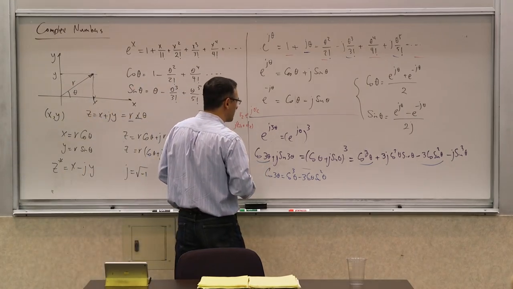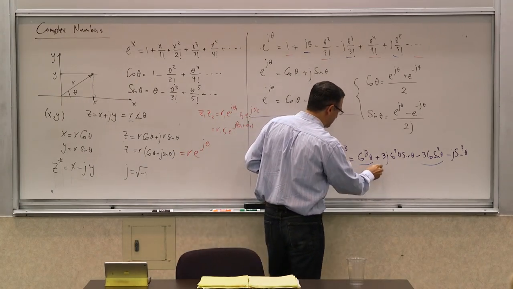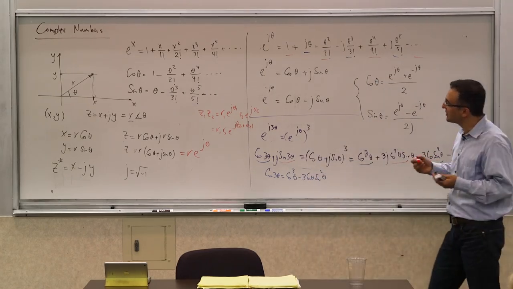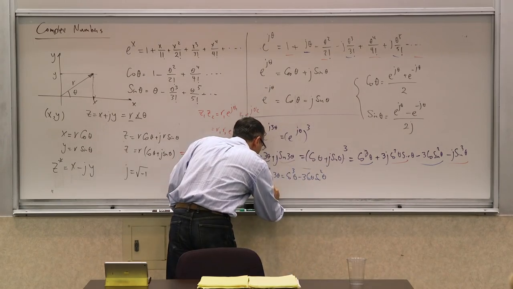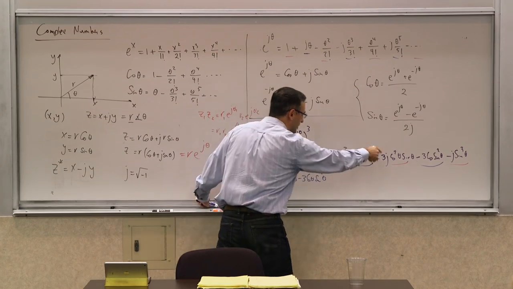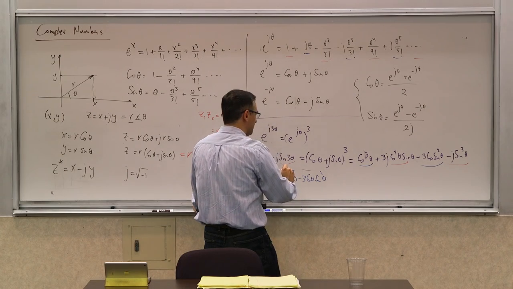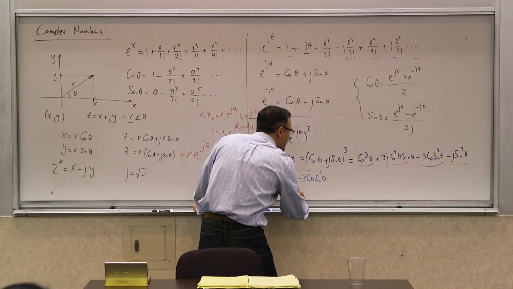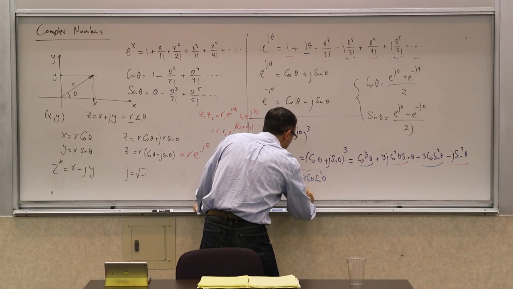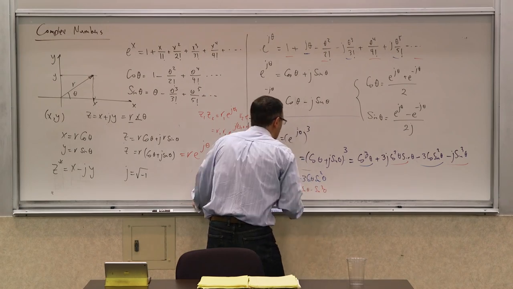And then also the imaginary parts have to be equal. Sine of 3 theta is going to be what? So I just drop all the j's. So I get 3 cosine squared theta sine theta minus sine cube theta.